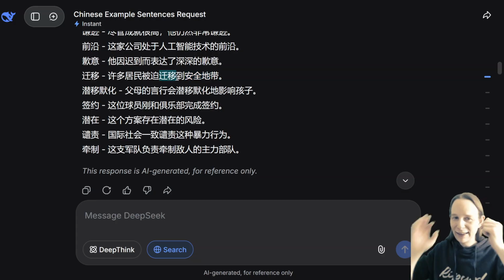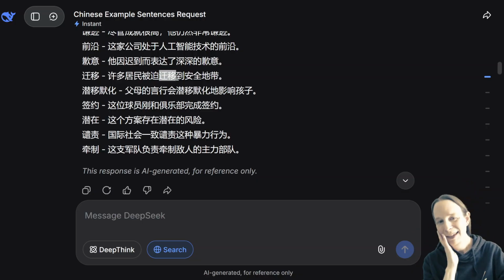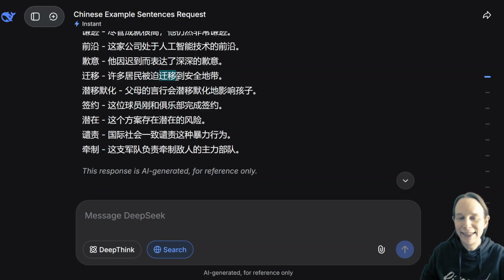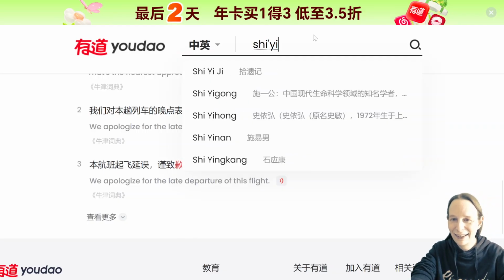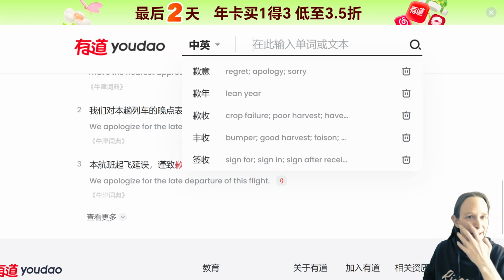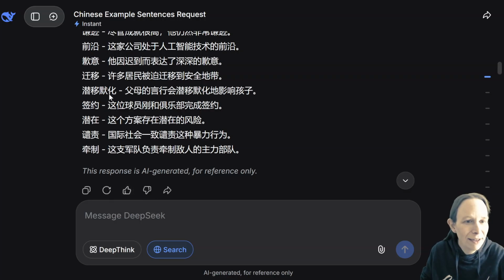All right, so they're migrating to a safe region. Yeah, sorry, it is migration. 迁移. A lapse is she. Sorry, I'm getting tired. She, where is it? Wow, there is a lot of she's. All right, I give up. It's not important. All right.